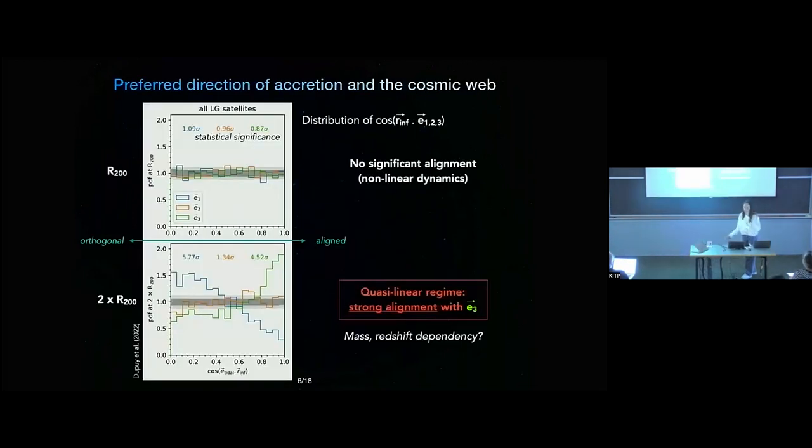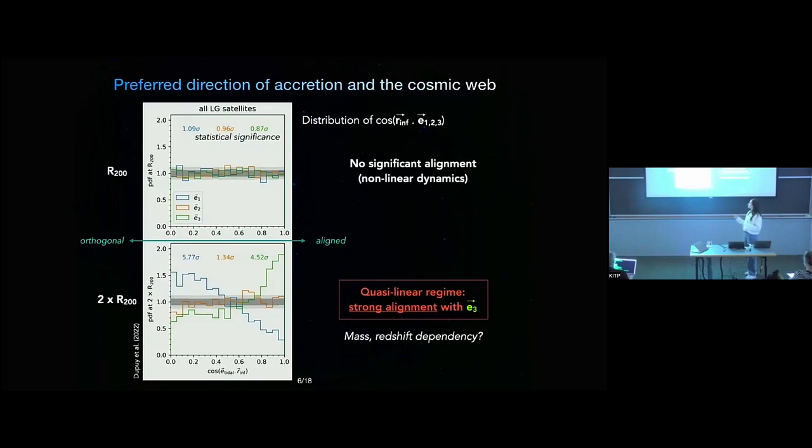So let's see. First, we consider in the top plot the distribution of this angle with an inflow threshold at R200. The 3 eigenvectors are colored in blue for E1, orange for E2, and green for E3. The gray regions show the standard deviation, plus minus sigma for dark gray, and plus minus 2 sigma for light gray. We also show the statistical significance at the top of each plot, colored by the same color code as the eigenvectors.